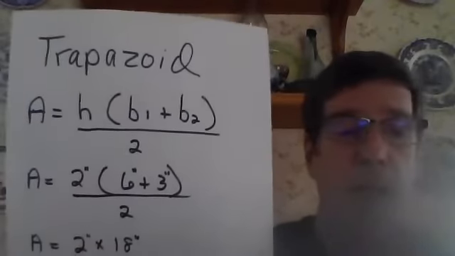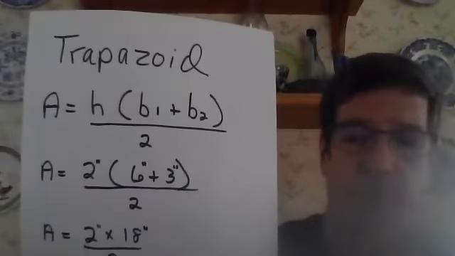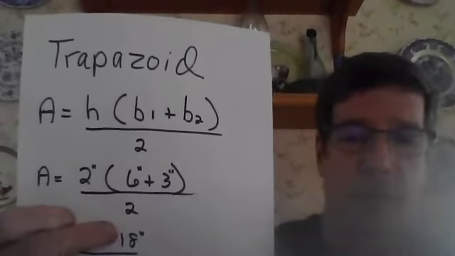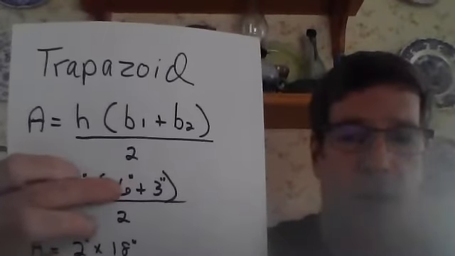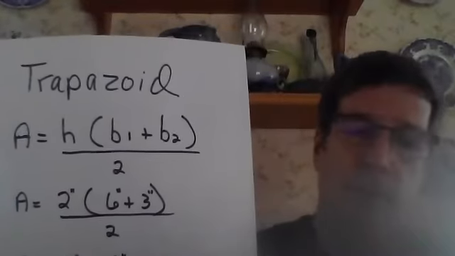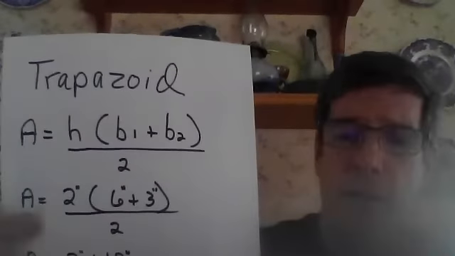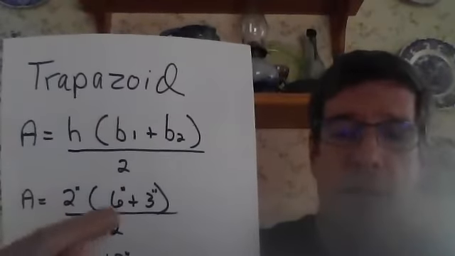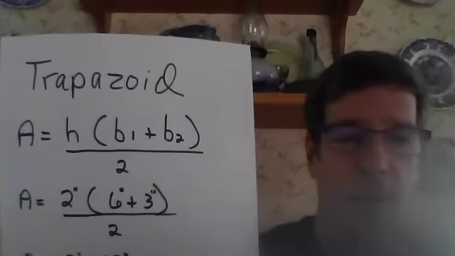Ooh, I did that wrong. That should not be 81 or 18. That should only be 9. 6 plus 3 equals 9. So anyway, 2 times 9 divided by 2. So let me go change that. Don't want to screw you up. Simple fix.